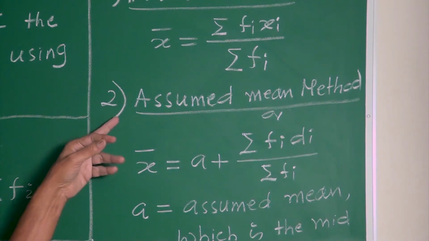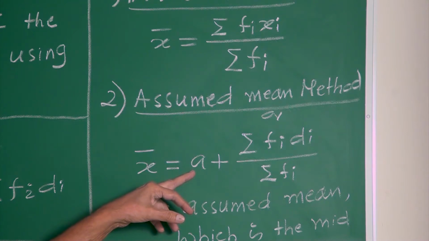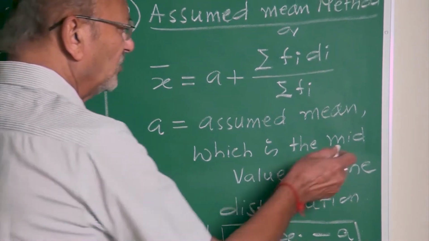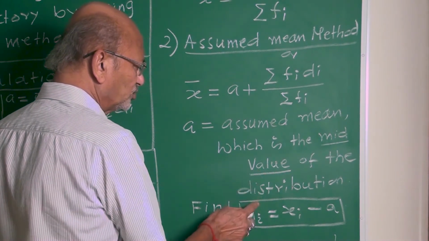In this method, we have to assume a mean. That mean is the middle value of the distribution.